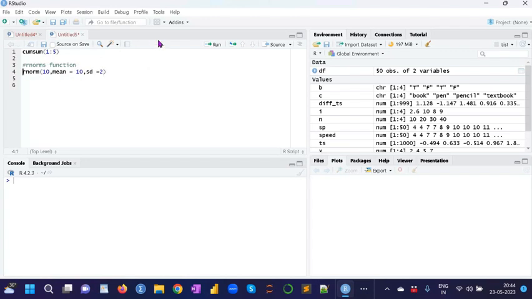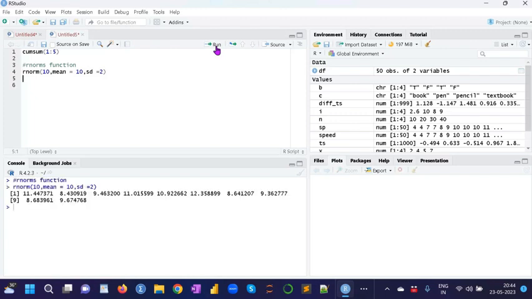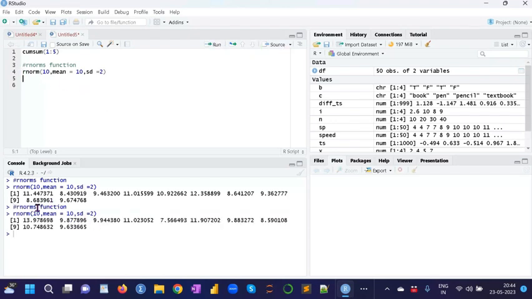So what does it return? It returns all the values. This is random, so whenever it runs, it automatically generates different output values every time. Now if I run it again, it gives different values, because r stands for random values.